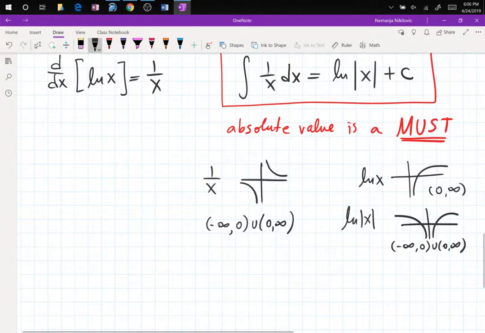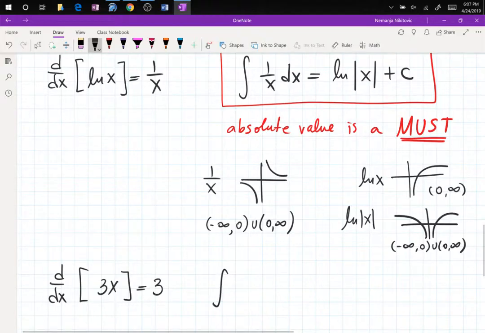The next one is a constant. So if you have the derivative of, let's say, I don't know, 3x, that will just give you a 3 on the other side.